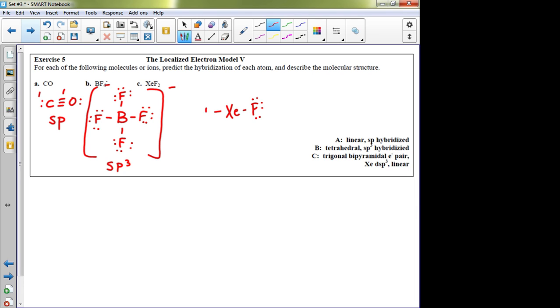Is it ever going to go past sp3d2? No. Never. sp3d. 1, 2, 3, 4, 5. Everybody see that? We just have a little test just on that.